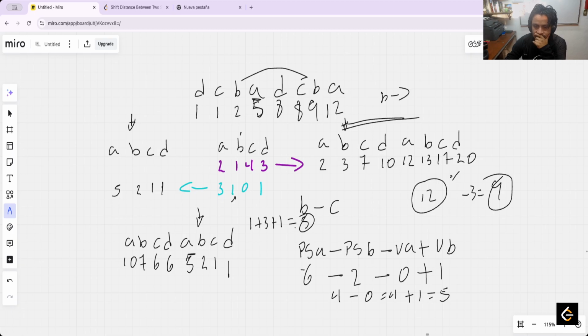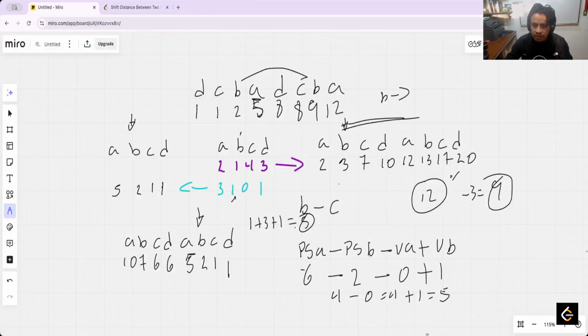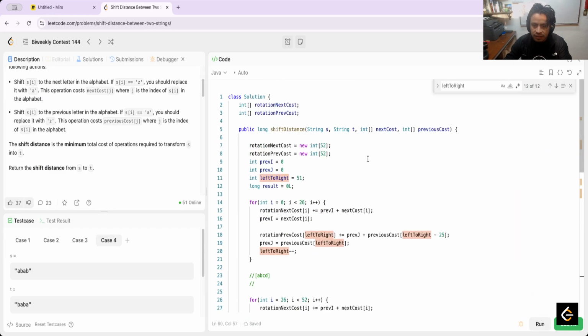In this case, for example, is 7 less 3 is 4 less the current letter. Okay. Is C less B. C less B. C less B less the next cost.